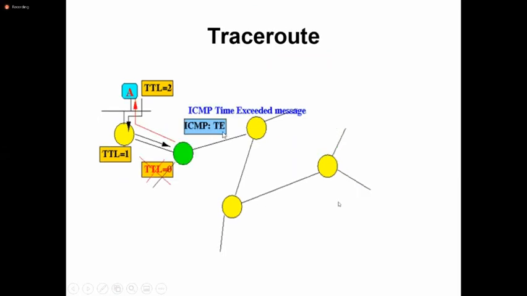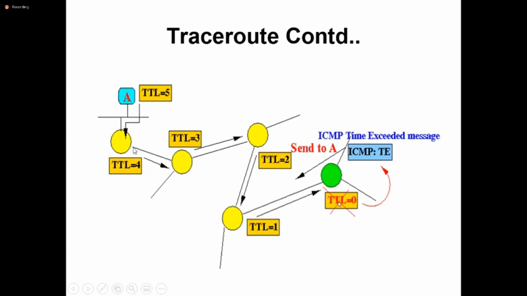So this Traceroute, yeah, when it reaches 0, then you get a time exceeded message, right? You get the reply. So this ICMP, that is the protocol being used for ping, traceroute, and various other things. ICMP, Internet Control Message Protocol, right?